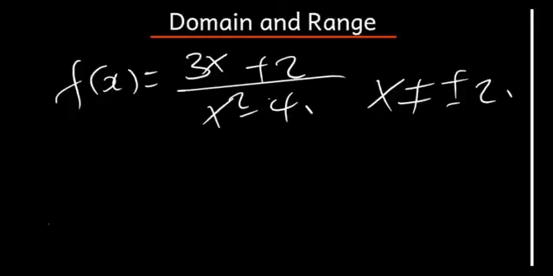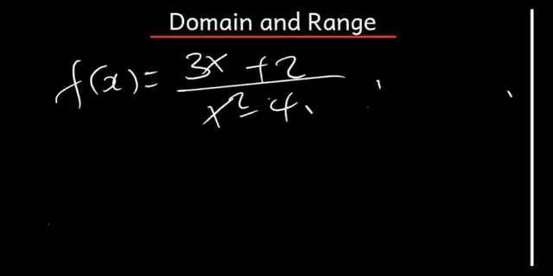On the denominator there, I'm going to have 0, which is going to be undefined. Probably we want our function to be defined. So what are we supposed to do? 2 is not supposed to be included. Negative 2 is not supposed to be included, because once I plug in negative 2 there, I'm going to get a 4. 4 minus 4 is 0. So it's not supposed to be included. So that is making sense.